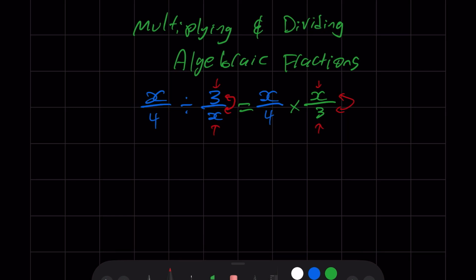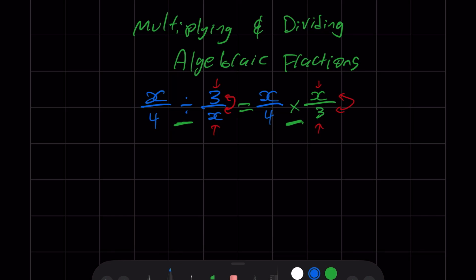That is the technical term for it. It is when you flip a fraction. And when you do that, the sign also flips. When I say flip, I just mean it goes from a divide to a multiplication.